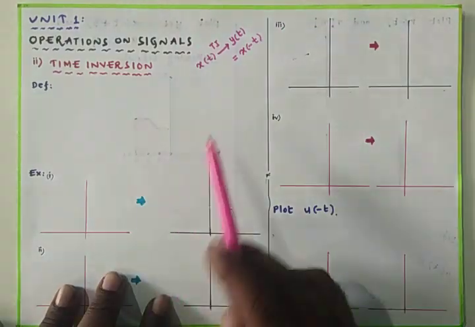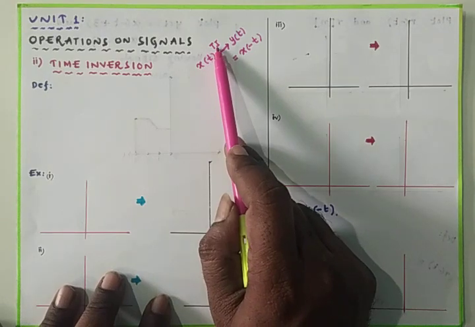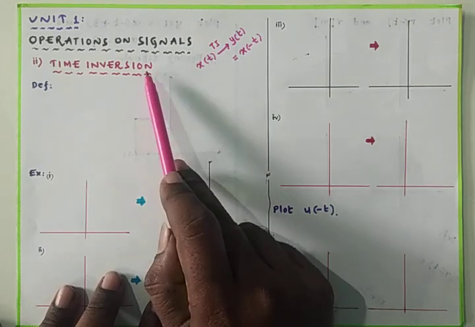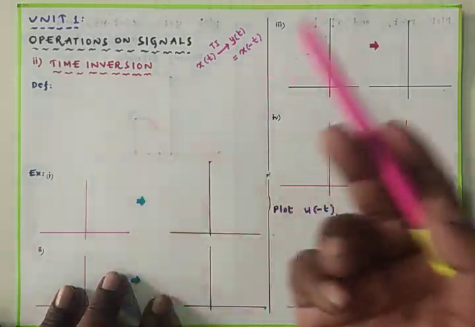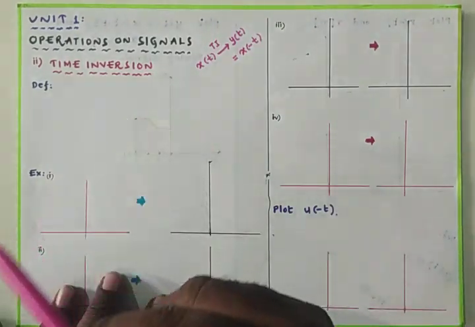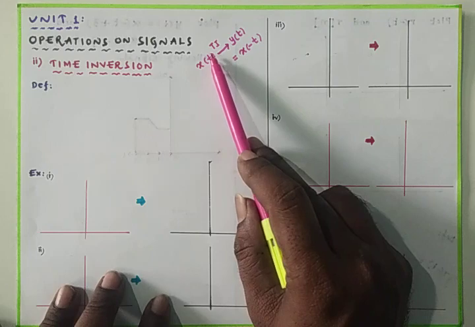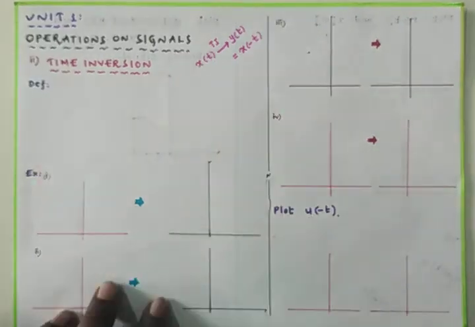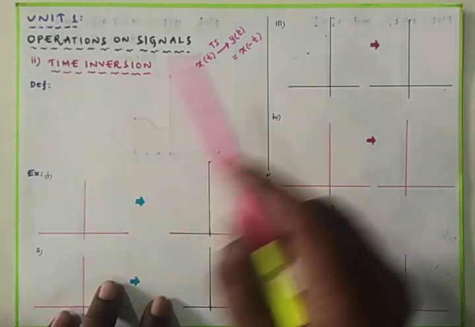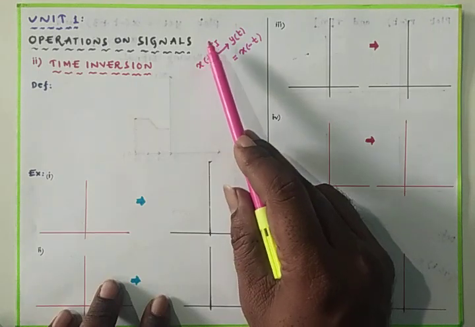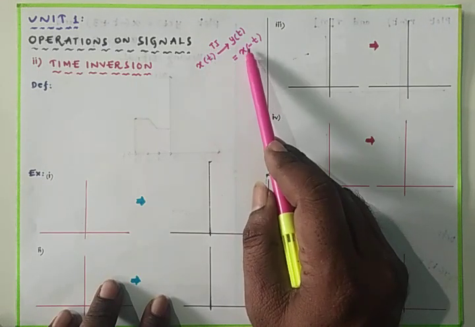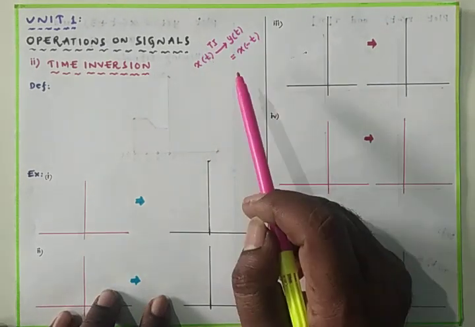That means by applying the time reversal operation on a signal, we simply get the signal by replacing the independent variable with its opposite polarity. We have x of t, and by applying the time inversion operation, we get x of minus t.